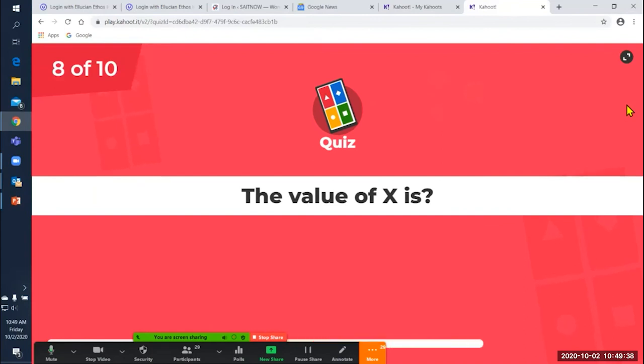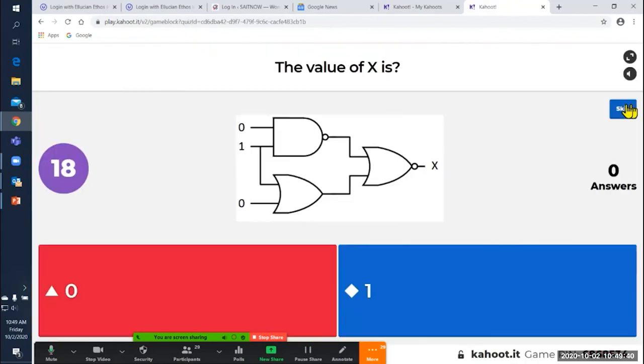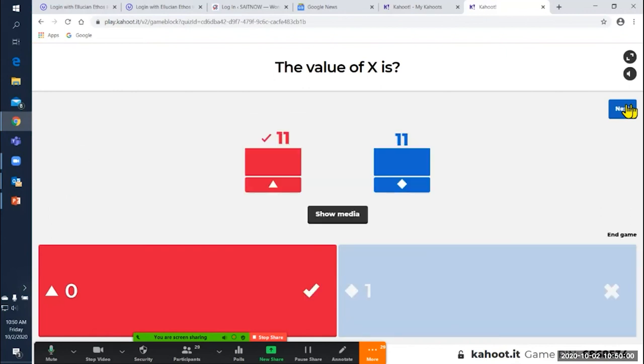The value of X. What's the value of X? Value of X. Oh my goodness, 50-50 split.